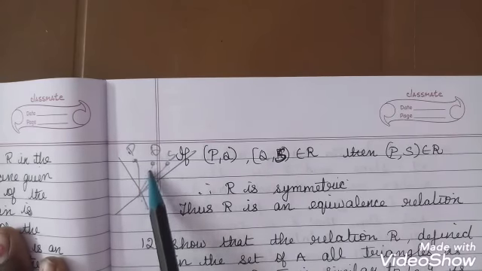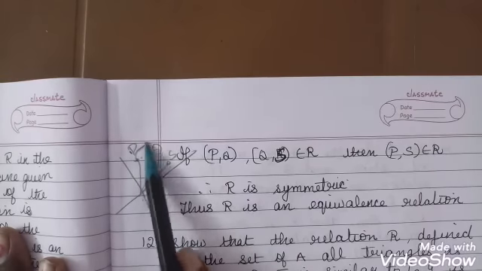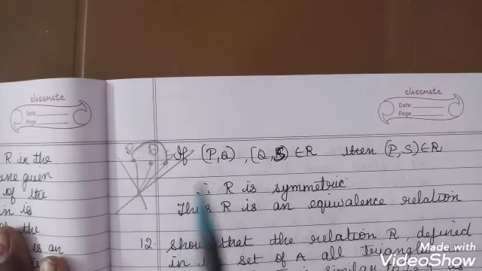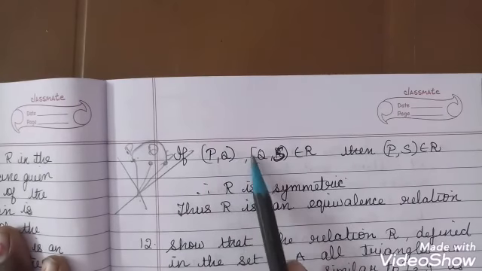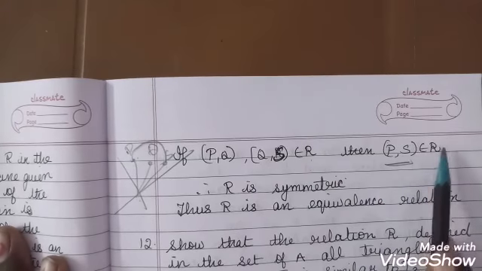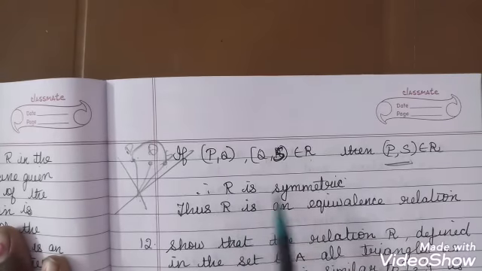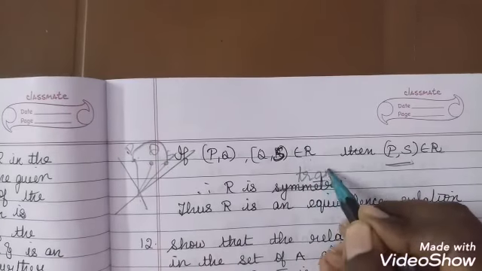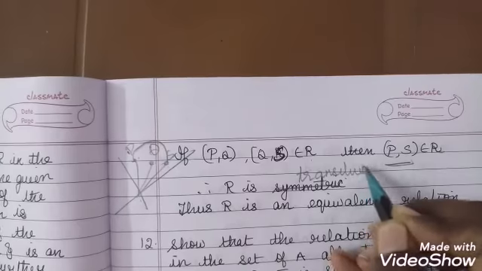So these both are equal and these both are equal. What does it mean? Automatically these both are also equal. That's what I have written here. If (P, Q) belongs to R and (Q, S) belongs to R, then (P, S) also belongs to R, and therefore R is transitive in this case, and thus it is an equivalence relation.